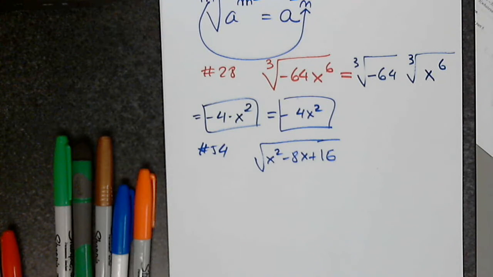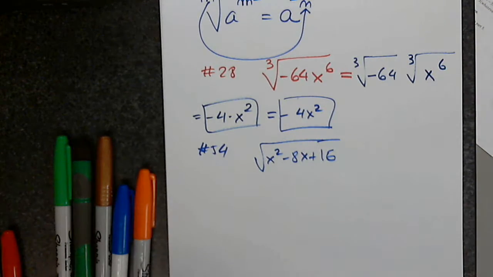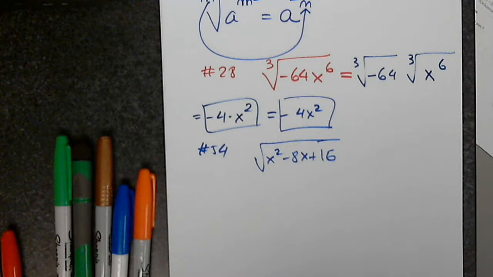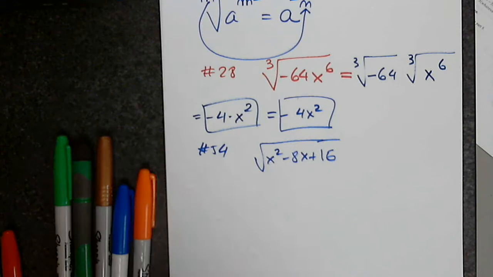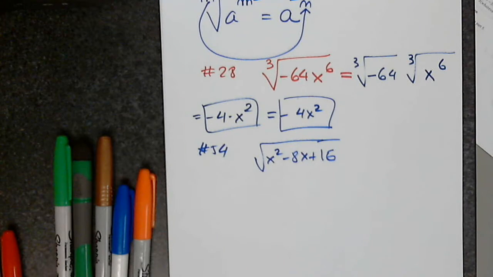And forgive me, I have to read the problem. Assume that the variables represent any real number. So I do worry now. What do I worry about? That when the index is even, the answer must be, is the index even?